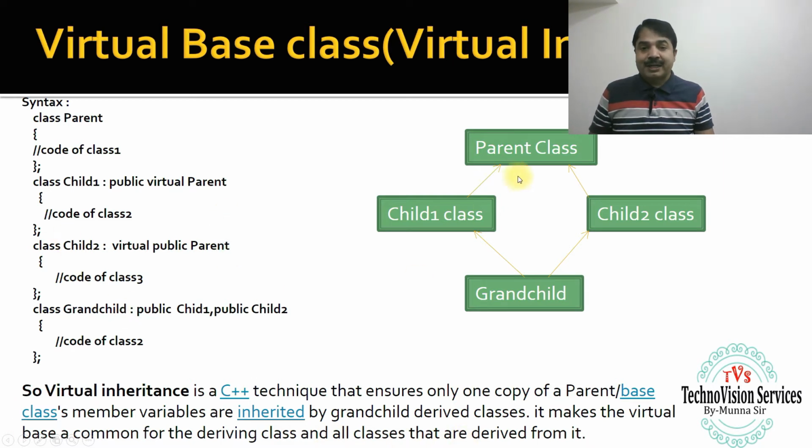It will create only one copy of the top level parent class. So it doesn't matter which path the child class uses, since only one copy is created, therefore it avoids the ambiguity. So that is the use of virtual class or virtual inheritance in C++.